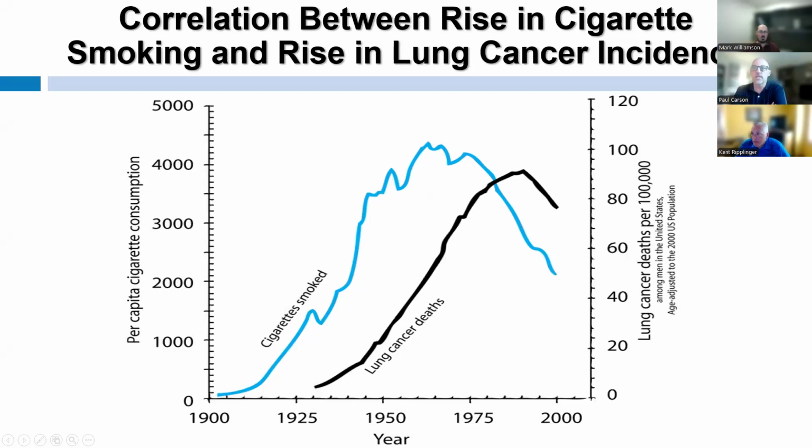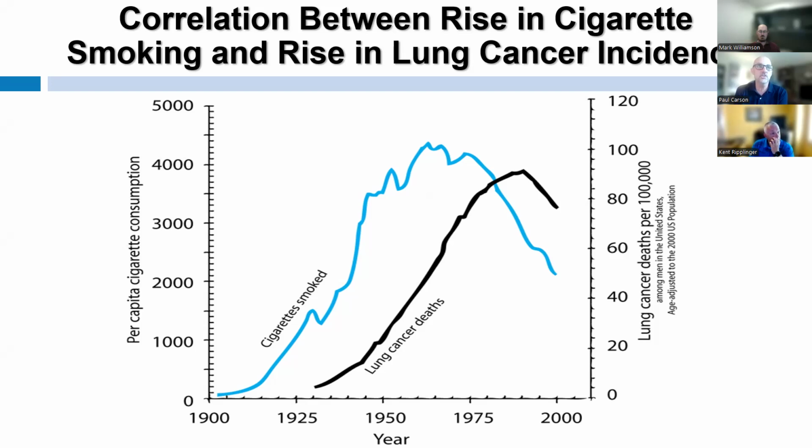Here's another example that paved the way for looking more carefully at cigarette use and its risk of lung cancer. This was a study out of the UK looking at the per capita consumption of cigarettes in the early 1900s, and about a couple decades later, the incidence of lung cancer in the wake of those rising rates of cigarette consumption.